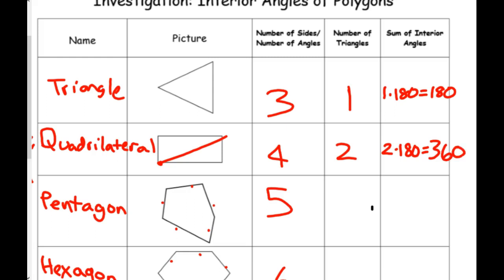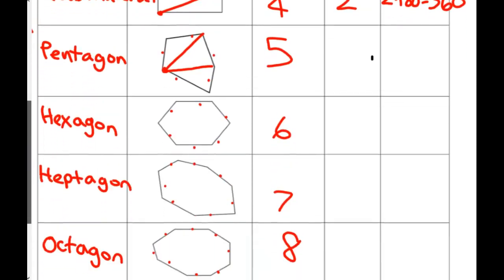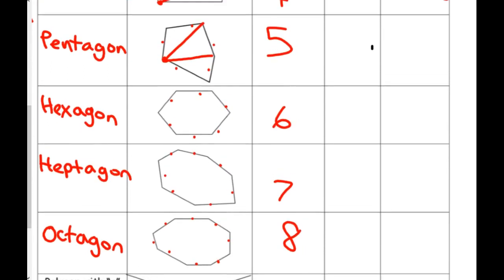5-sided figure. Pick one vertex, put a point there, and make your diagonals. I can make 1, 2, that's it. Don't start at another vertex. I don't want them overlapping. While we're at it, let's just do the rest of these diagonals, okay? So pick one vertex and draw all your diagonals that you can.